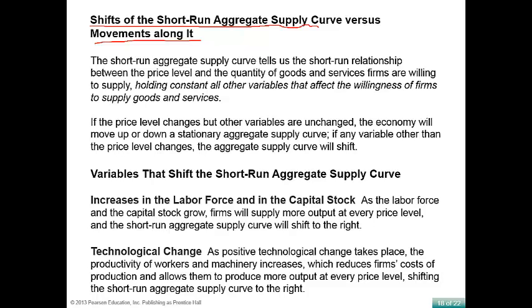So what are some of the variables that will shift the short-run aggregate supply curve? Well, the first are increases in the labor force and increases in capital stock, which, as we know in economics, also refers to plant and equipment. As the labor force and capital stock grow, firms will have the ability to supply more output at every price level.